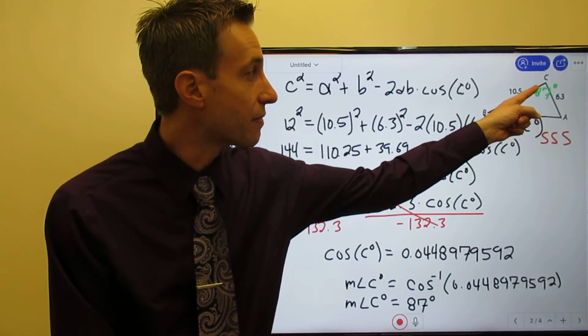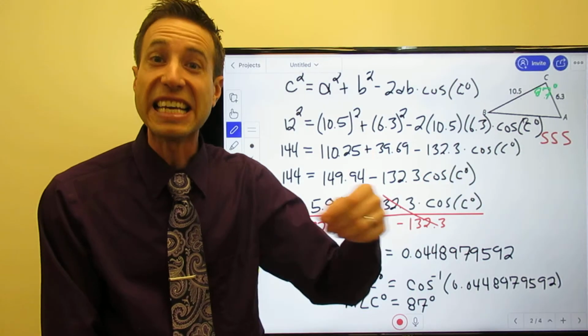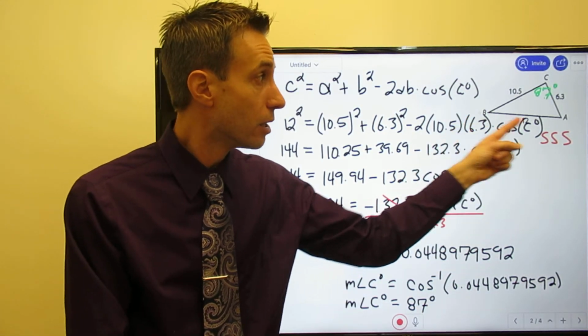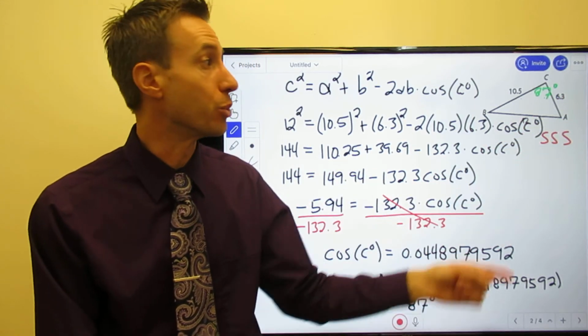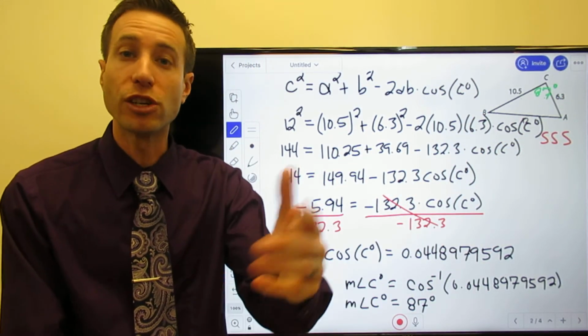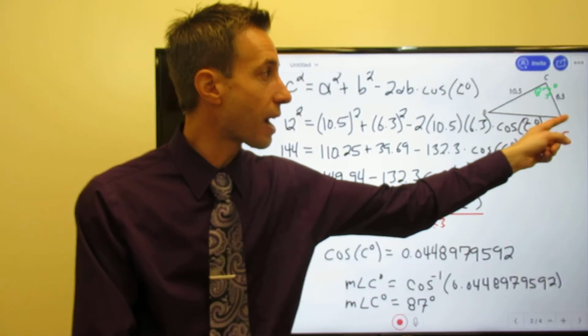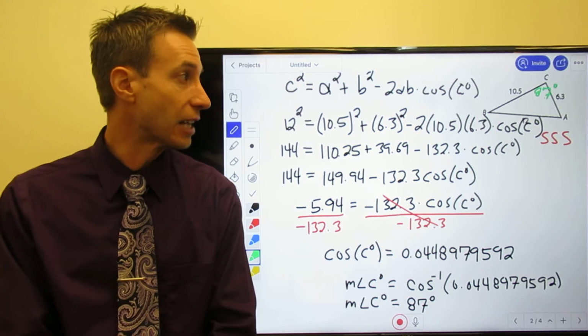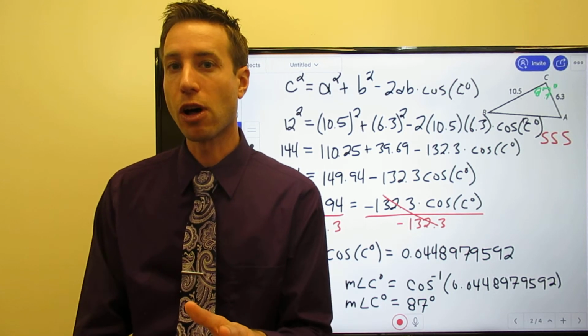I would do the sine of 87 over 12 is equal to, let's say, the sine of B over 6.3, and then you would solve for the measure of angle B. The law of sines will work. Once you know the measure of angle B, the triangle sum theorem will let you find the measure of angle A. All right, so that's the way the law of cosines works.